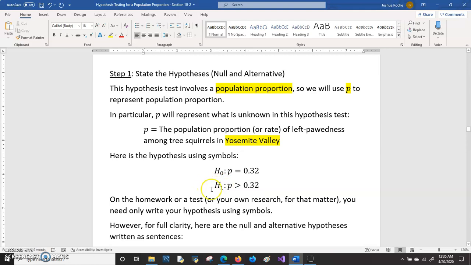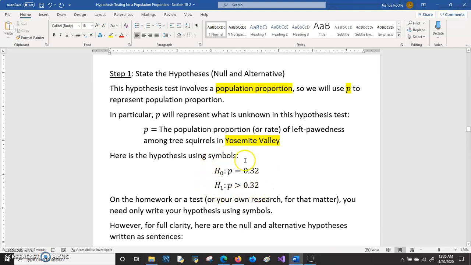The alternative hypothesis would be that the proportion of left-pawedness in Yosemite Valley is greater than the proportion of left-pawedness worldwide.